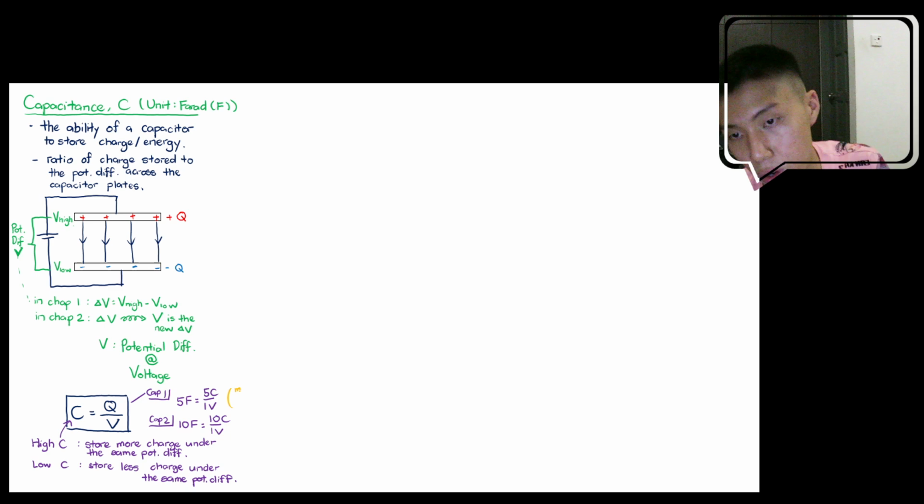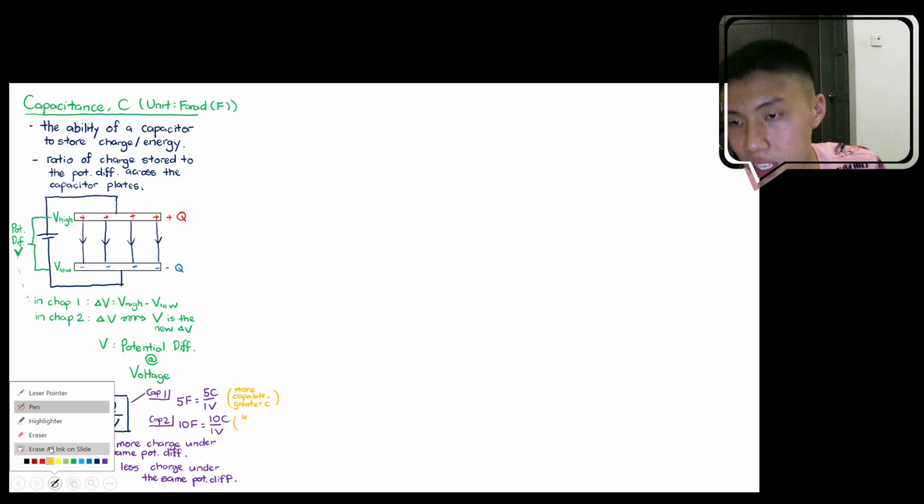So we can say that capacitor 1 is more capable. That's why it has a greater C. Whereas capacitor 2 is less capable.